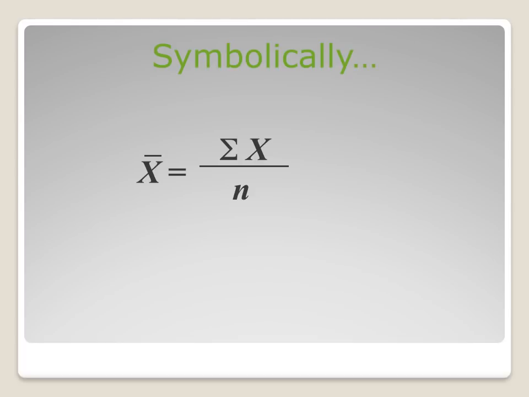In this case, X represents an individual score, and that sigma implies that we are summing all of the individual scores. So the numerator is your symbolic representation of what you know the mean to be in words. That is the sum of all observations, the sum of all scores. And then the denominator is n, and that is the number of scores that you have. So you know what the mean is in words, and here it is represented, particularly for statistics, in symbolic notation.